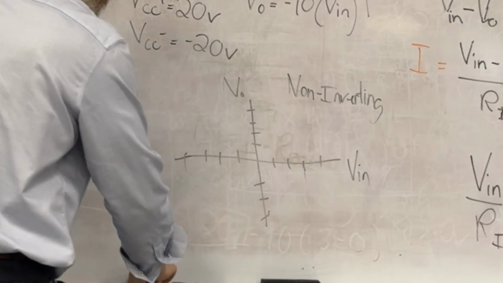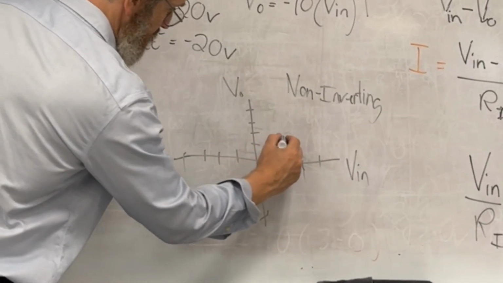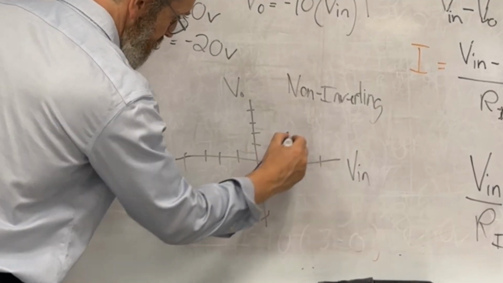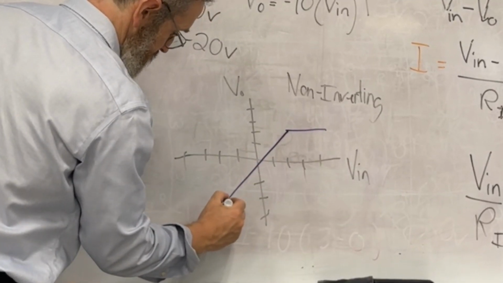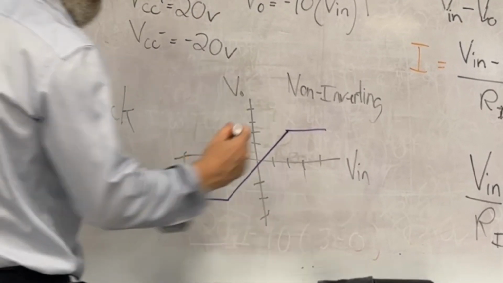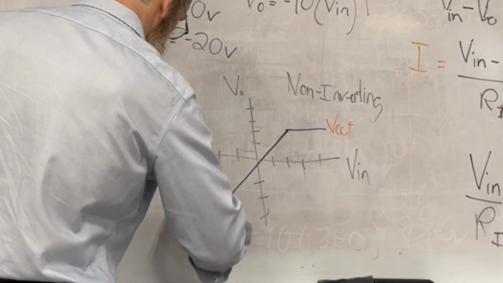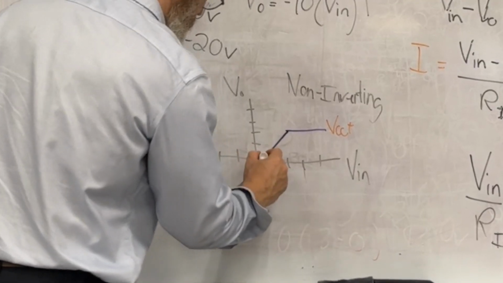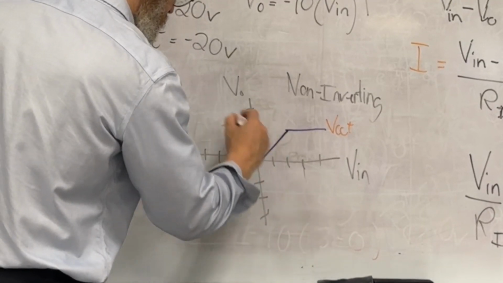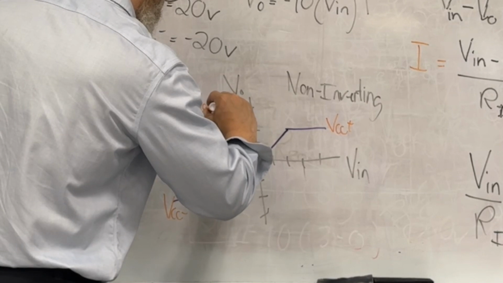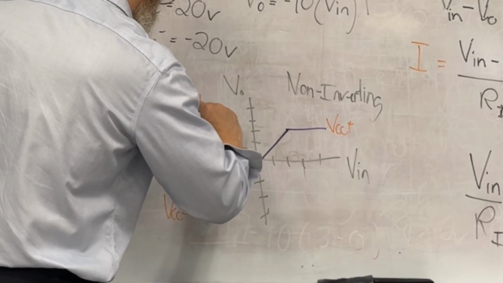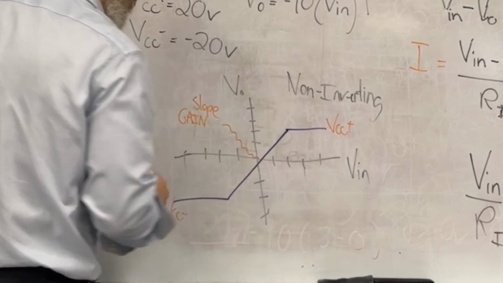The relationship, which I'll draw in purple, will look like this, and then this. These saturation points correspond to VCC plus and VCC minus. And the slope is in fact the gain.